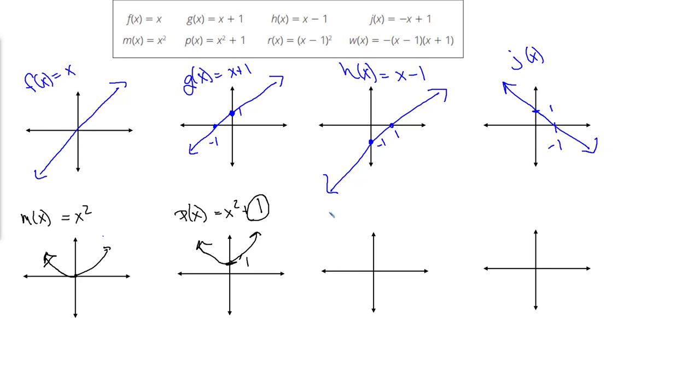On our next one, r of x is equal to x minus 1 squared. So that means I go right 1 and go through the x-axis. And the last one, we have w of x is equal to negative x minus 1, x plus 1. And so that means we're going down with two intercepts, negative 1 and 1.